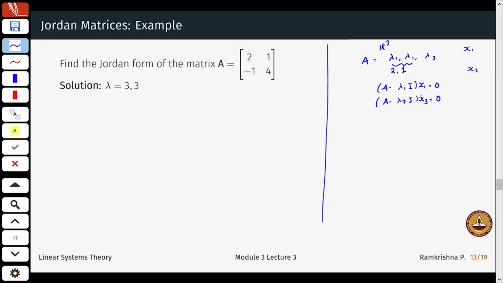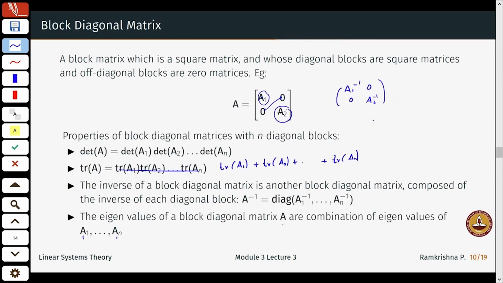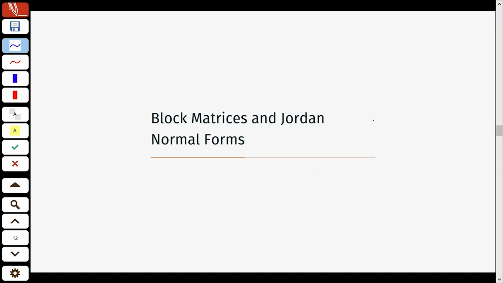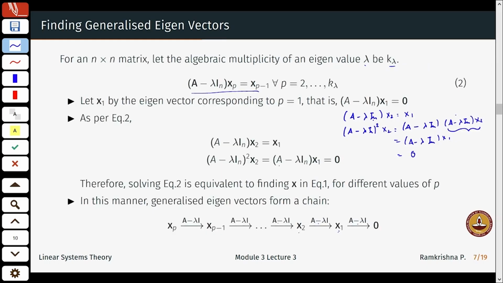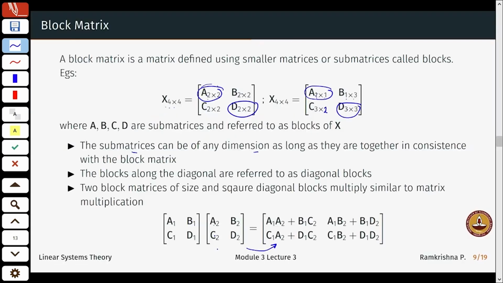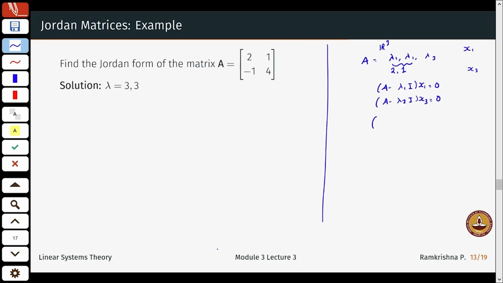Now, I need to find another eigenvector. So, let me recall the expression of a generalized eigenvector. If I rewrite this, I will get an equation which looks like this: A minus lambda 1 I times x1 is equal to x2.